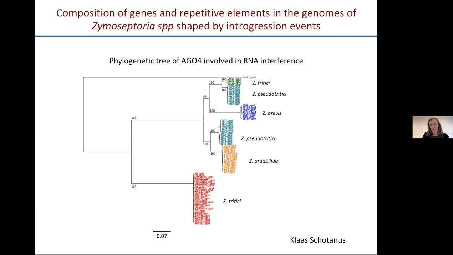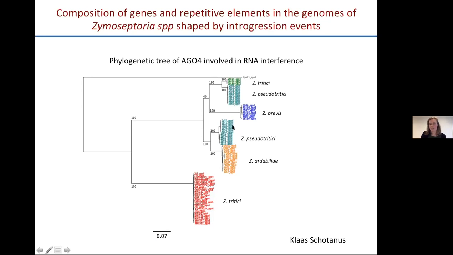And Klaas would make phylogenetic analyses of these Argonaut genes. And what you see here is the sequence of Septoria tritici clustering in two highly distinct groups, in this case with Septoria pseudotritici.